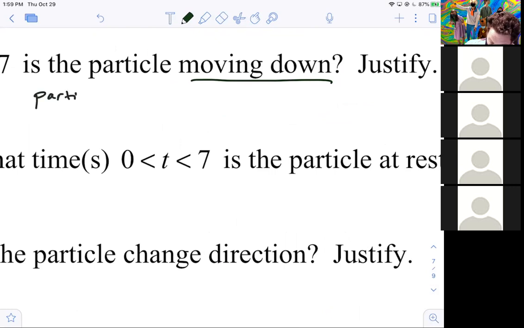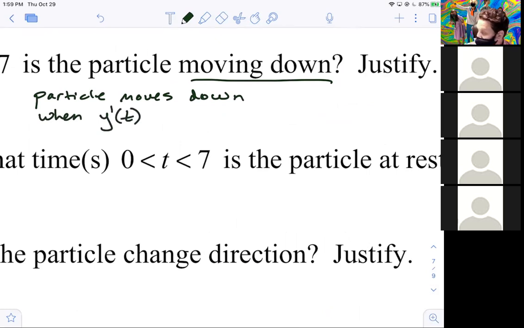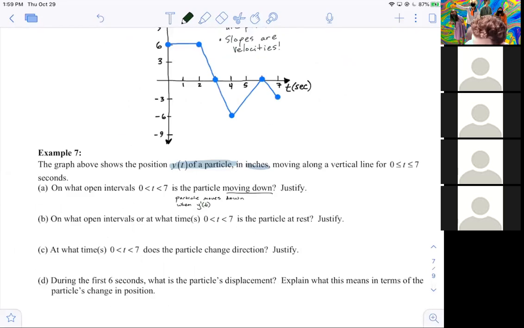So a particle moves down when y prime of t. You can't just throw v of t out there, because v of t is not given to you. It's not defined anywhere. So someone might mistake v of t, which is velocity for us, as something else.